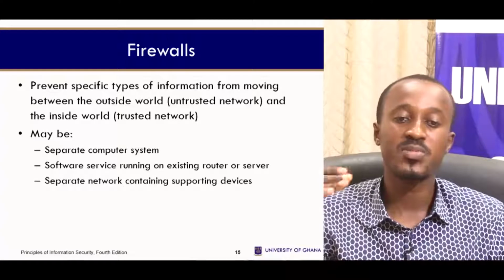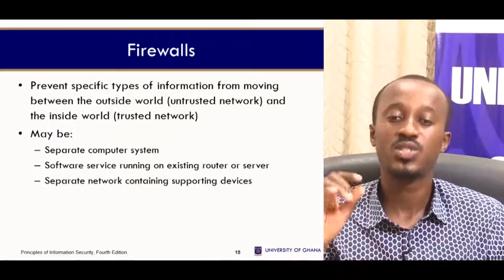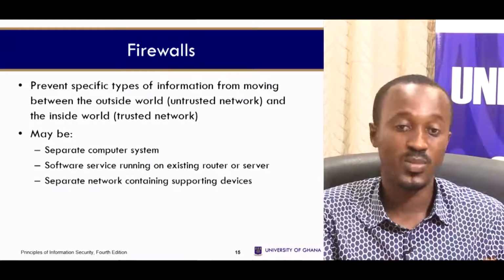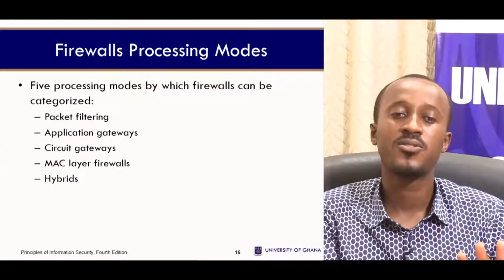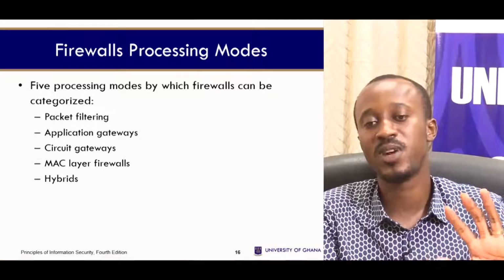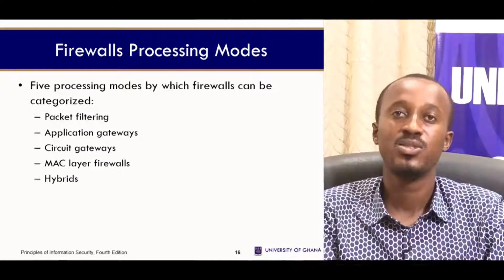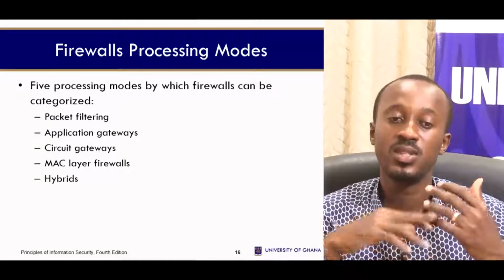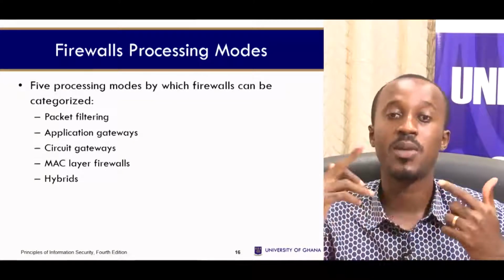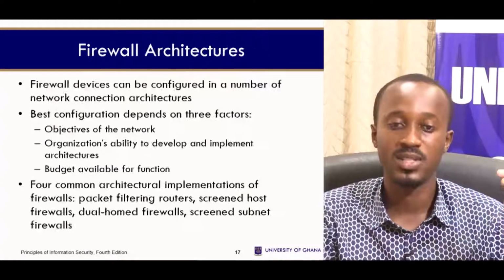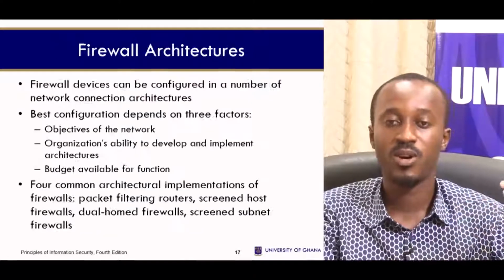They could also be a separate network containing supporting devices. Now, firewall processing modes. There are 5 processing modes by which firewalls can be categorized: packet filtering, application gateways, circuit gateways, MAC layer firewalls, and hybrids.